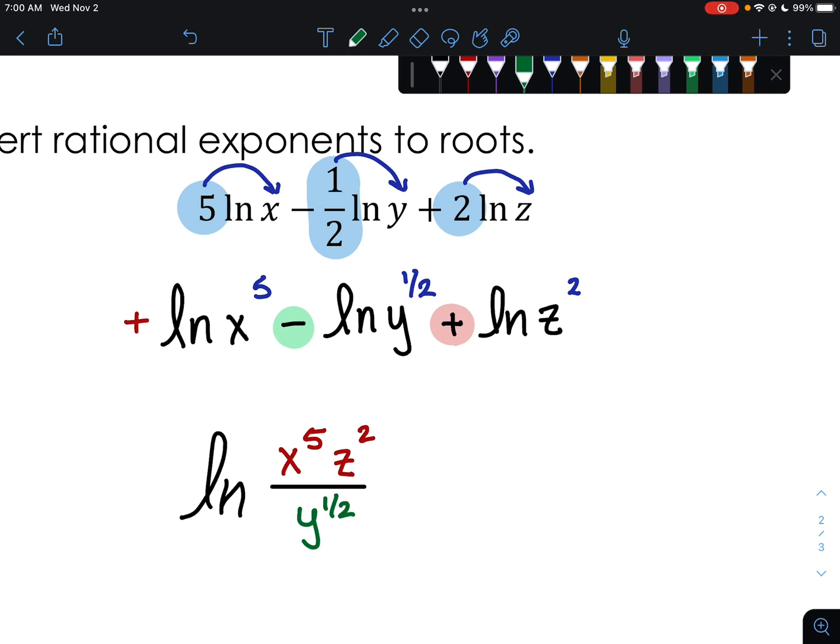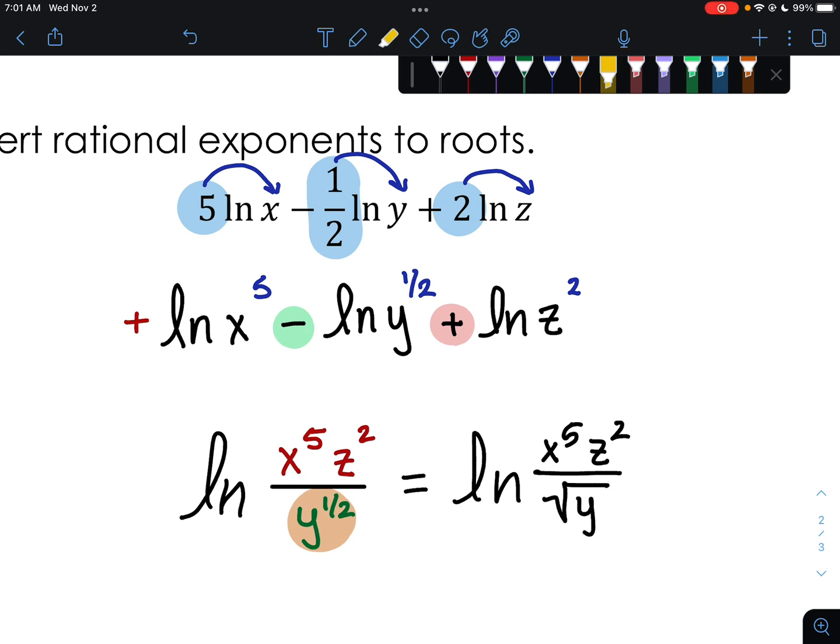Okay, the last thing we have to do is convert rational exponents into roots, meaning we can't have this 1/2 power. So it's going to be the natural log of x to the 5th, z to the 2nd, divided by the square root of y. So this is the answer choice that we are looking for.